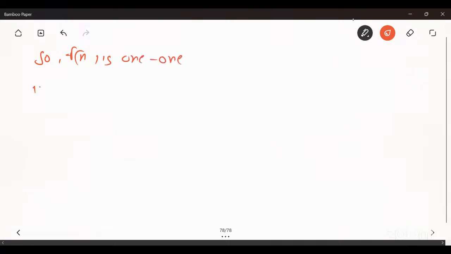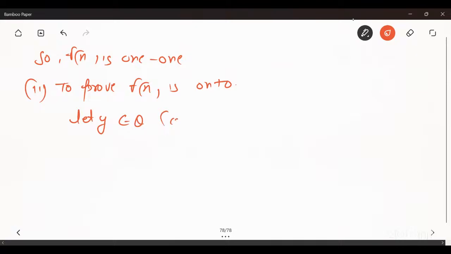Now to prove f(x) is onto. So let y belongs to Q, the codomain.